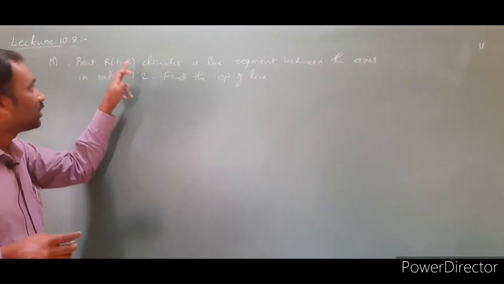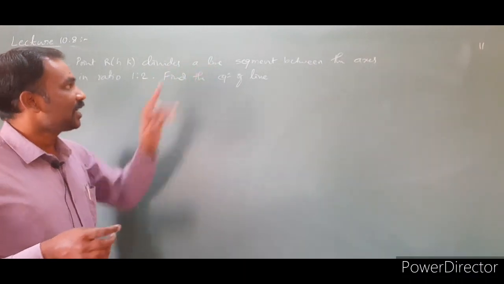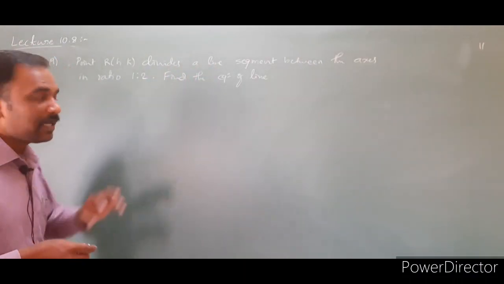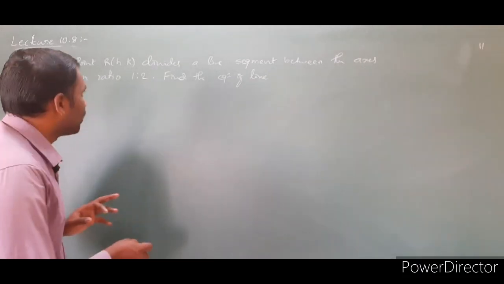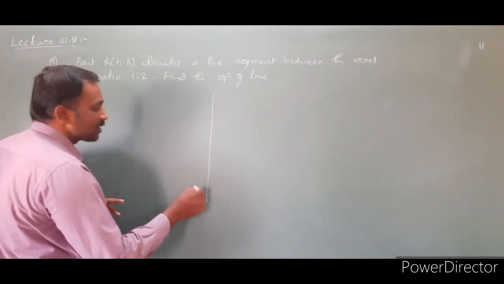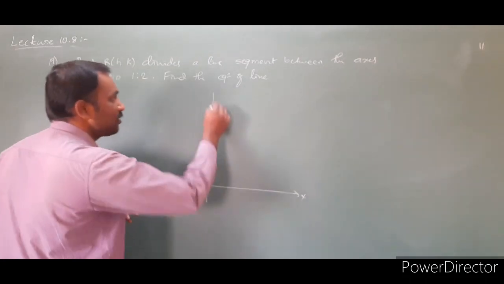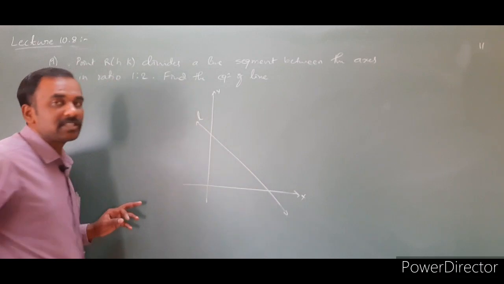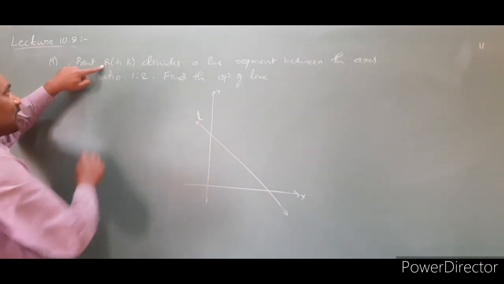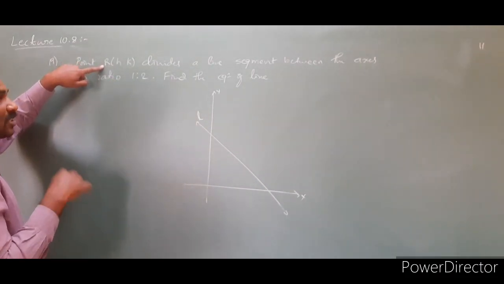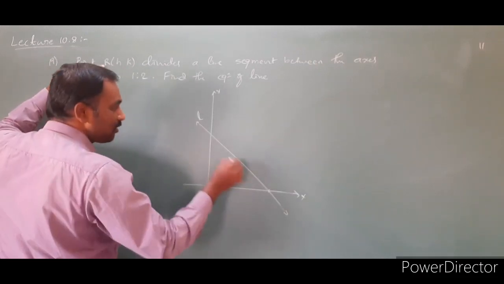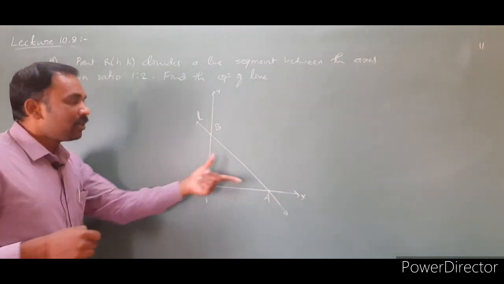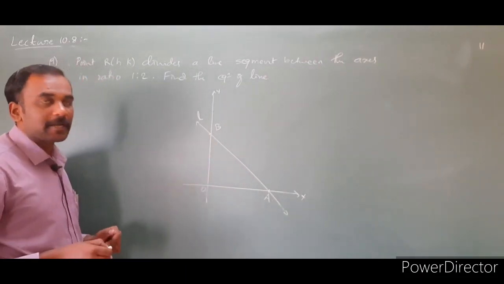Point R of h comma k divides a line segment between the axes in the ratio 1:2. Find the equation of the line. Between the axes means I take the line segment AB between the coordinate axes in this manner.